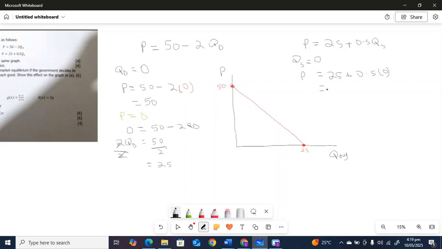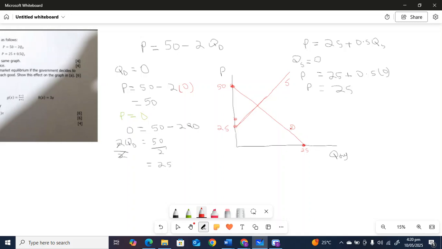So 25 plus 0 is 25. So when quantity supplied is 0, the price is 25. So here on your graph, you can put 25 here. Then just draw a diagonal line like that. Okay, this is supply, this is demand.